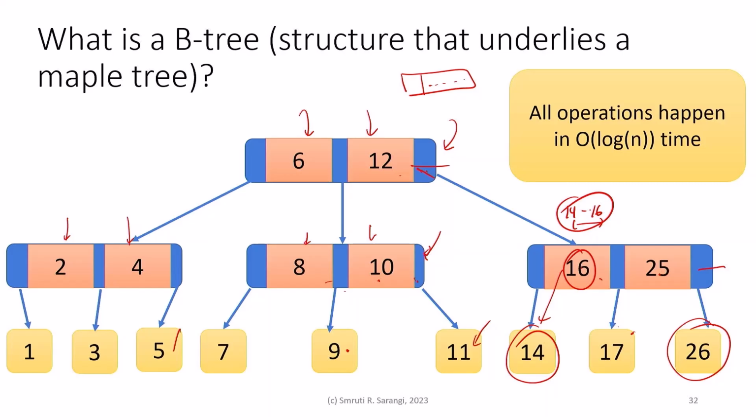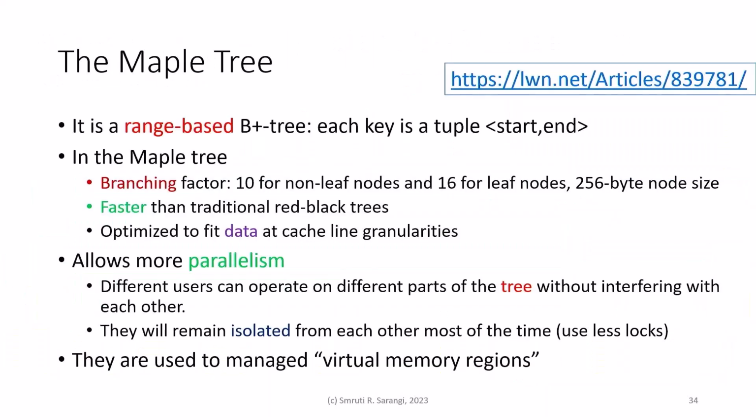Ranges are compatible in the sense that all of these are ranges. Ranges are not overlapping. If two ranges are not overlapping, you can clearly say one is greater than the other or one is less than the other. You just compare the lower of one with the higher of the other, then you will figure it out. So they store the ranges of these VMAs because two VMAs are never intersecting. Given that they don't intersect, you can nicely arrange them in this fashion, and you can create a B plus tree.